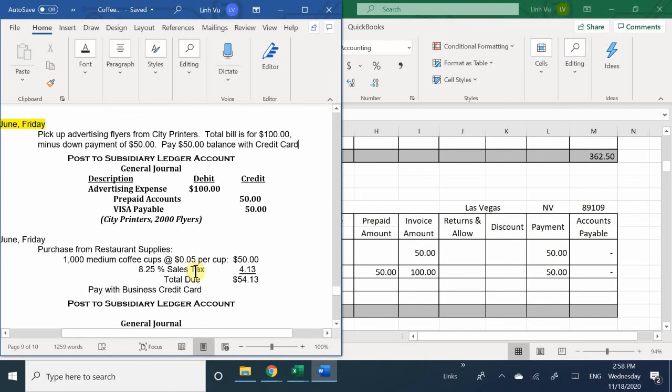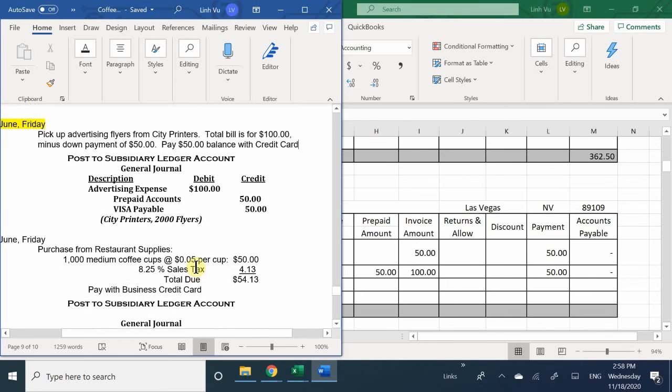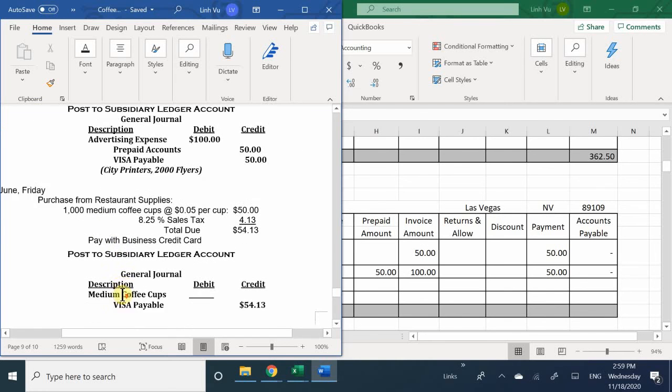Okay, so here, what happened next? Friday, June the 14th, purchase from Restaurant Supplies, 1,000 medium coffee cups at 5 cents per cup, $50, with the tax of 8.25%, $4.13, total due $54.13. Pay with business credit card and post the subsidiary ledger.